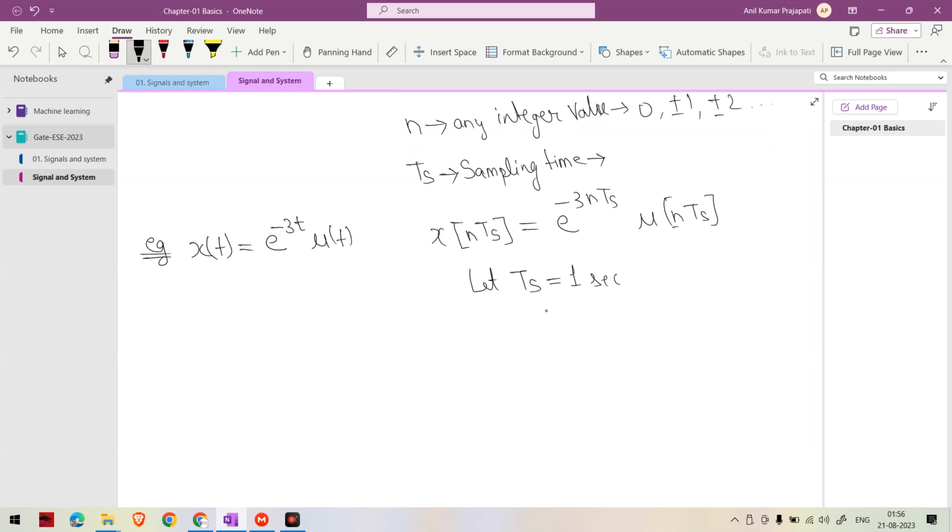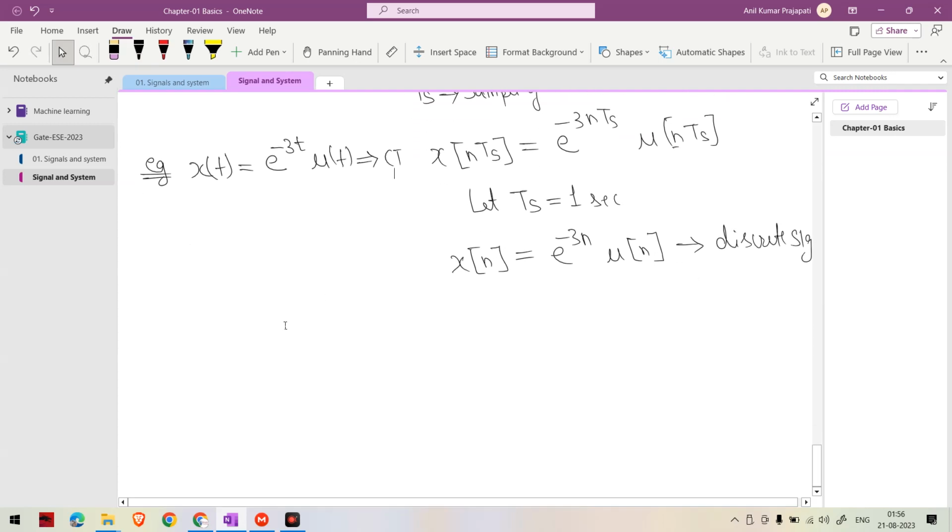So if Ts is 1, then x(nTs) will be equal to x[n], which is equal to e raised to power minus 3n u[n]. So this is basically your discrete signal, and this was your continuous time signal.